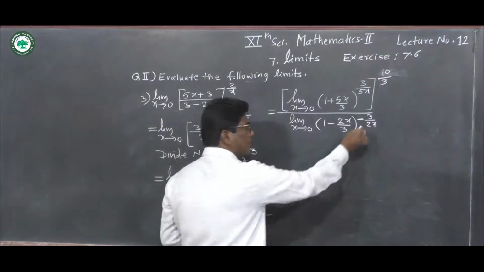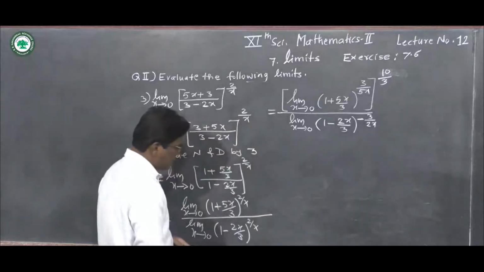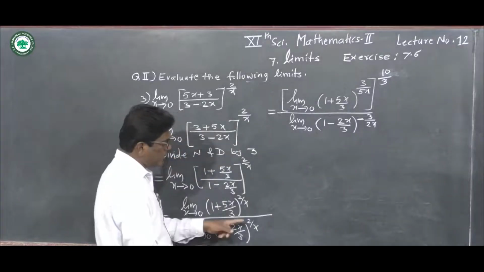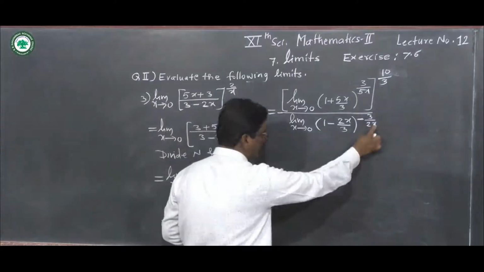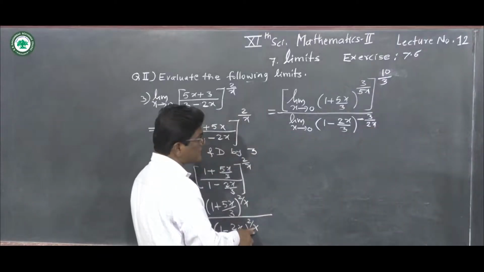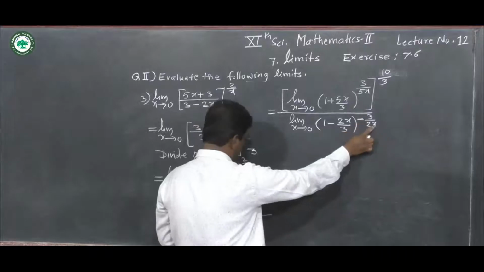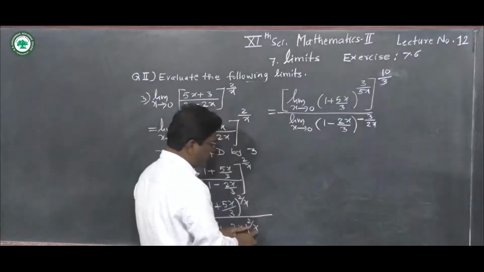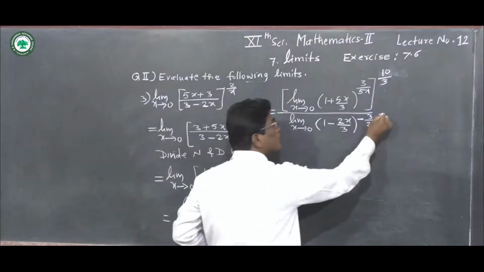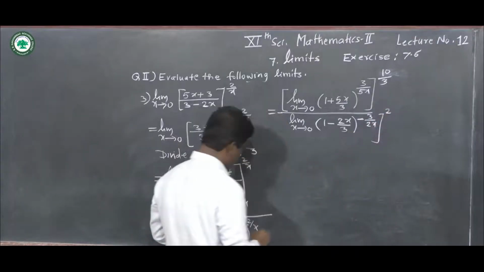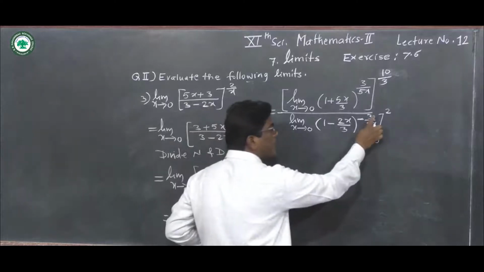Now out of this 3 upon 2x, only 1 upon x is present. Here it is 2 upon x, and here 3 upon 2x, out of that only 1 upon x is present. So write the original 2 here, and we adjust minus 3 by 2.